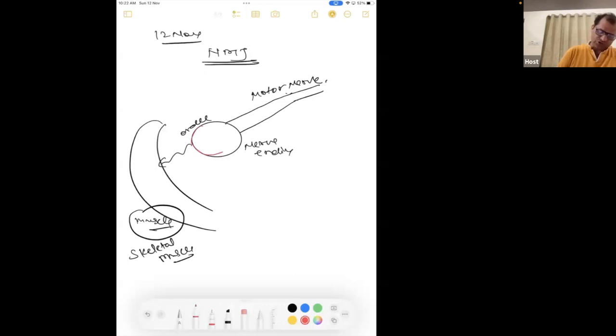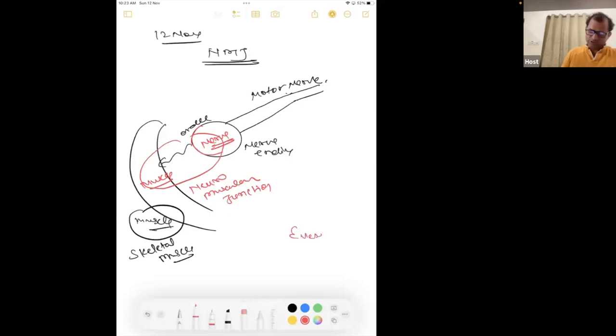The junction of this nerve and this muscle is called the neuromuscular junction. And there are lots of events happening in these junctions, responsible for the various types of movement. So we will be discussing these multiple events to understand this.